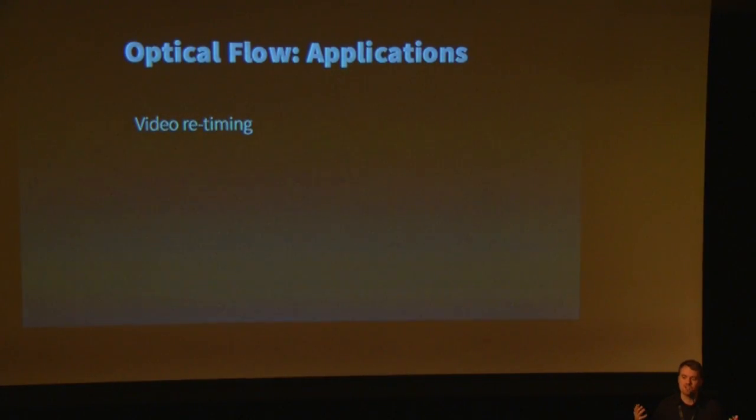Of course, you could just blend the frames together, have a weighted average, but that usually looks really, really bad. If you have optical flow instead, you can just move every pixel by a fraction of its original movement to the next frame, and then you get a much, much nicer and smoother frame interpolation.